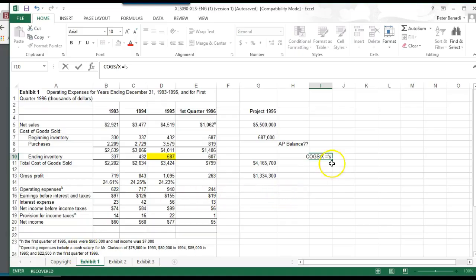Let's use last number, which is 5.8. So 4,165,700 divided by 5.8 is 718,224.